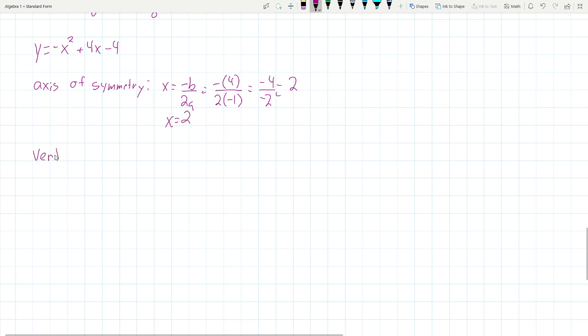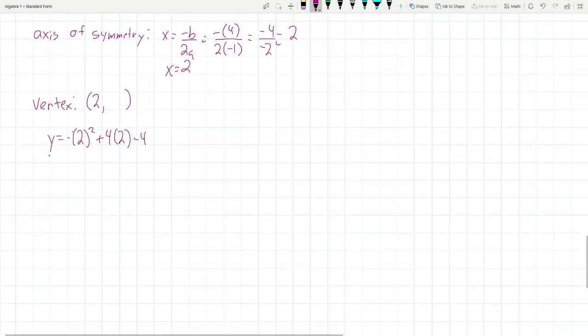That also means that my vertex, the x value is 2. And I need to plug in 2 to the equation. So y equals negative 2 squared plus 4 times 2 minus 4. So I get y equals 2 squared is 4. So I get negative 4. 4 times 2 is 8 minus 4.